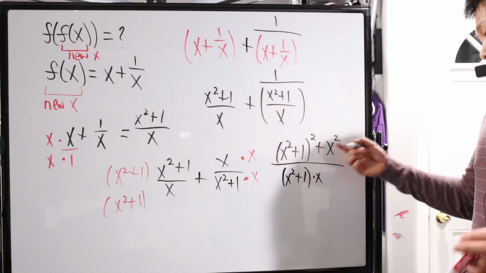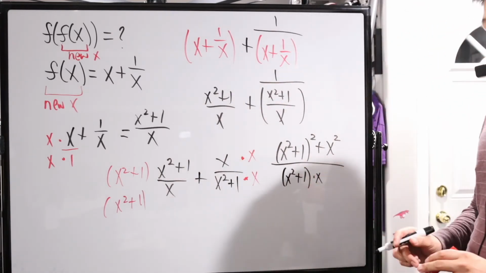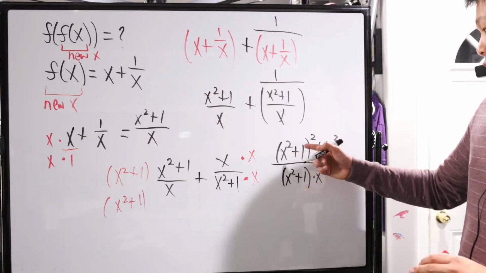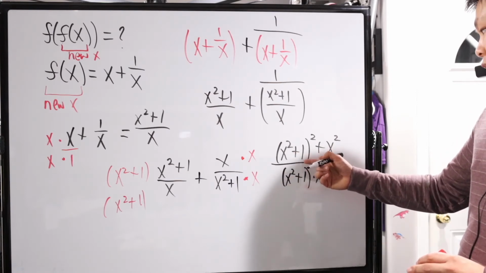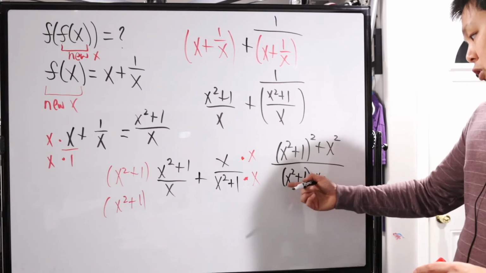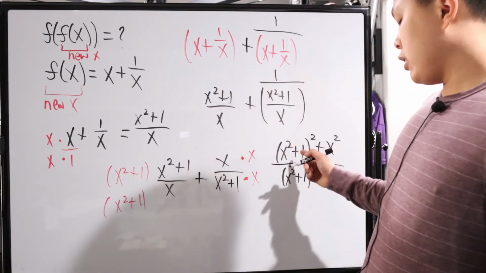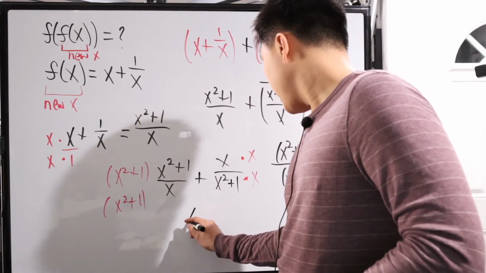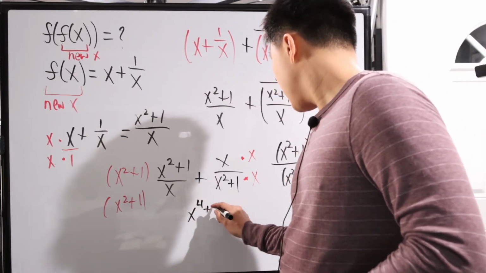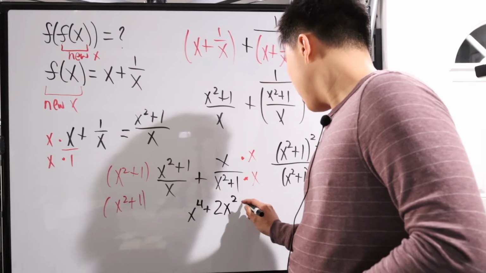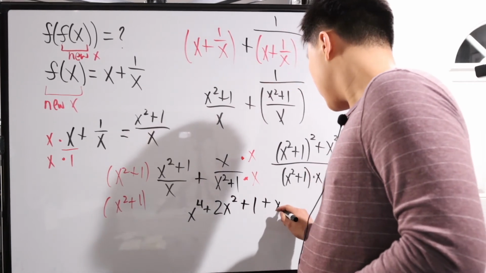Okay, so there's really not much you can do at this point. If you want, you can distribute this all out and combine it, which is what I'm going to do in the end. And this one, we can just combine that as well. So when you distribute all out, the top is going to be x to the 4th power plus 2x squared plus 1 plus x squared.